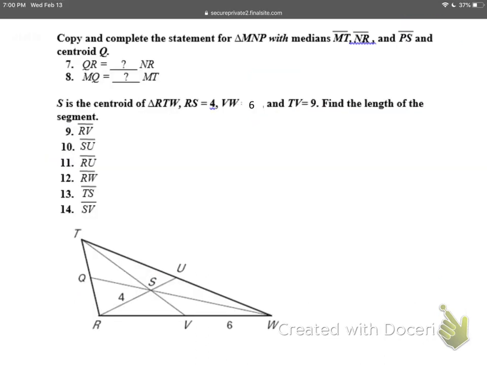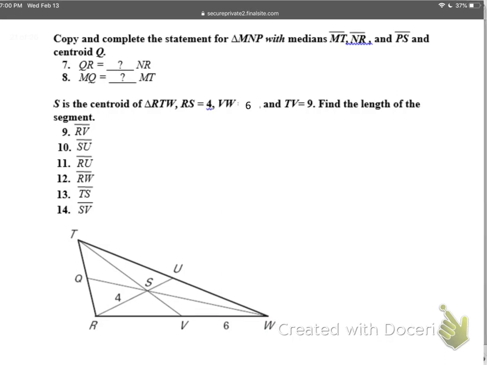Okay, for questions 7 and 8, you first have to copy and complete the statement for triangle MNP with those medians. So you're going to replace the question mark with something else. But first you've got to draw this triangle. So if you have triangle MNP, I should see a little triangle on your paper, and they tell you what the medians are.